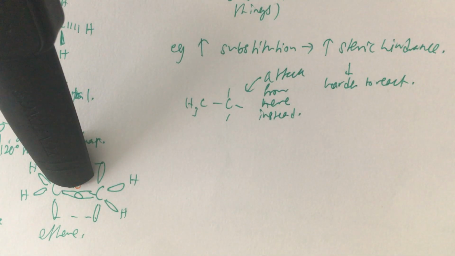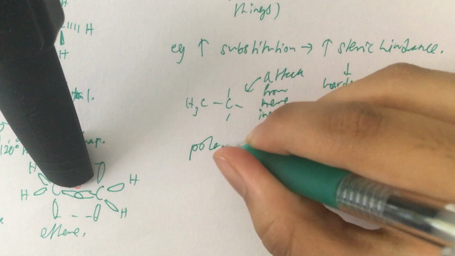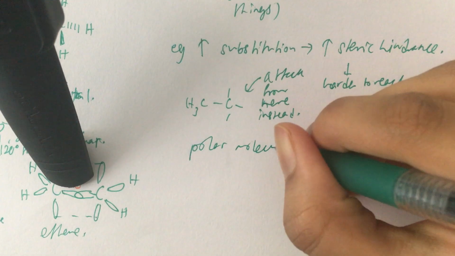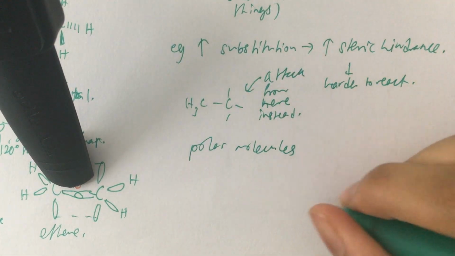Therefore, the electron-rich side will act like a nucleophile and will want to attack something like a carbocation or something of that sort. That is how you understand the mechanism of polar reactions. These electrons want to go somewhere which is electron-poor, and that's the reason why the reaction even happens. That's pretty much it.